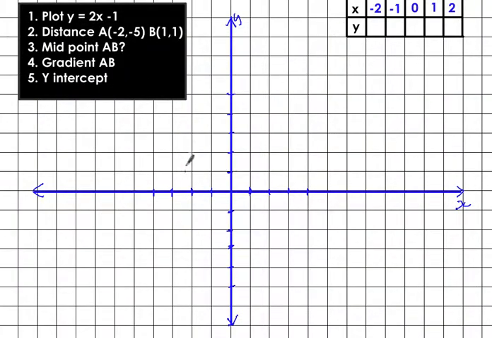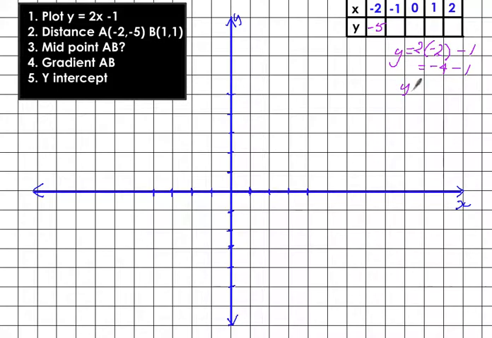If they've given me the equation y equals 2x minus 1 and asked me to plot the points, I can take these x values up here. For x equals negative 2, I substitute negative 2 into the equation: 2 times negative 2 is negative 4, minus 1, which is equal to negative 5.